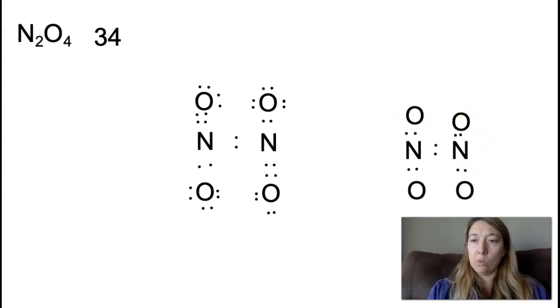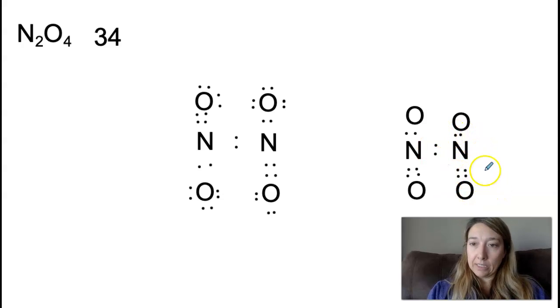We would have said, oh, that only gets us to 5. We need 2 more. So I might have said, okay, I'm going to choose here. So that gets me to 6, but now I can't put another double bond here or here because this N already has 8. And if I put a double bond here, then that wouldn't work. So then I would come over here and maybe do that. And then I would see, okay, now I have 7 bonds.